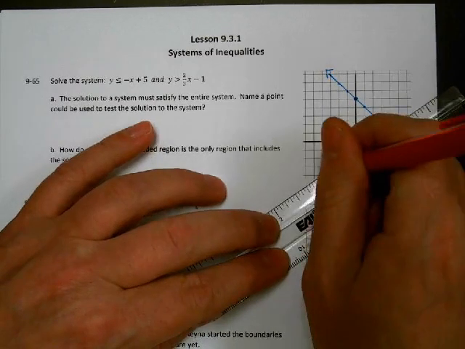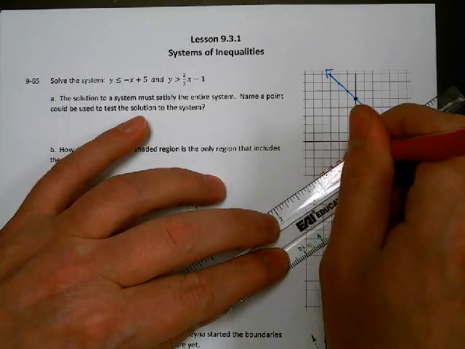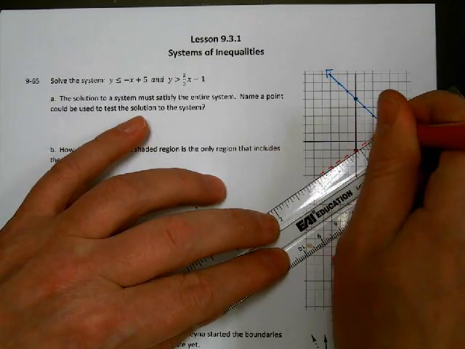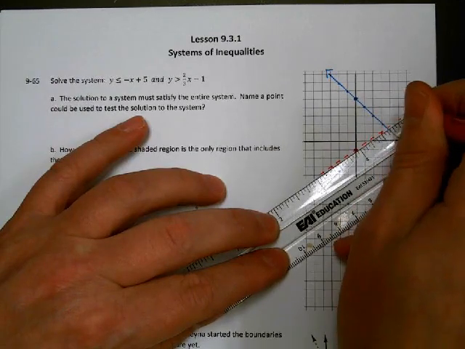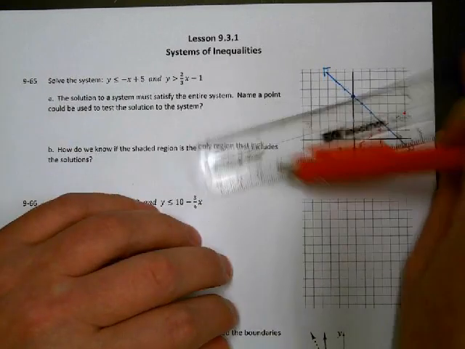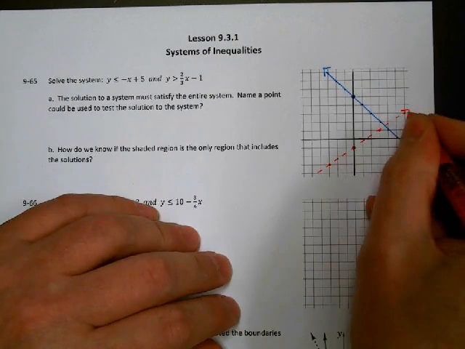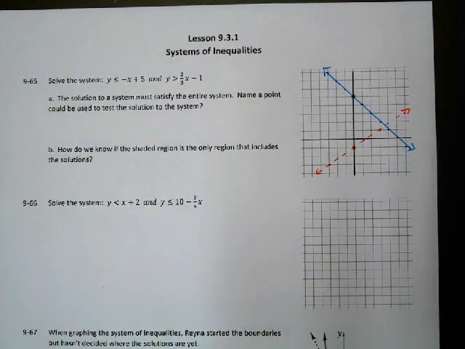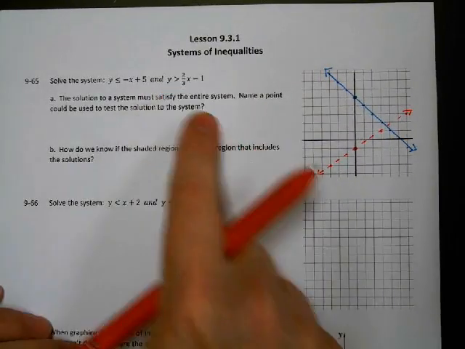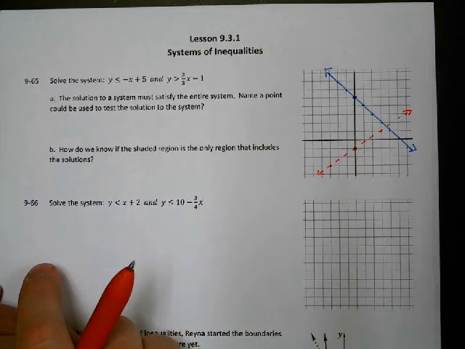So for this particular one, all of our solutions are not on the line. So the line does not include the solutions. Now this one says that y is greater than, so that would kind of be above it.